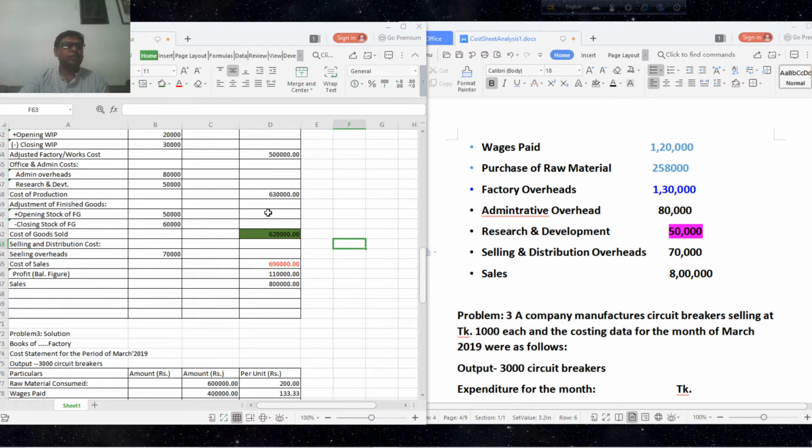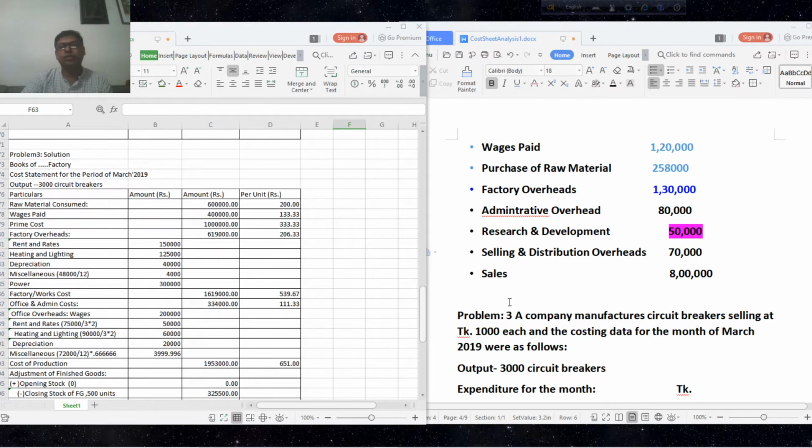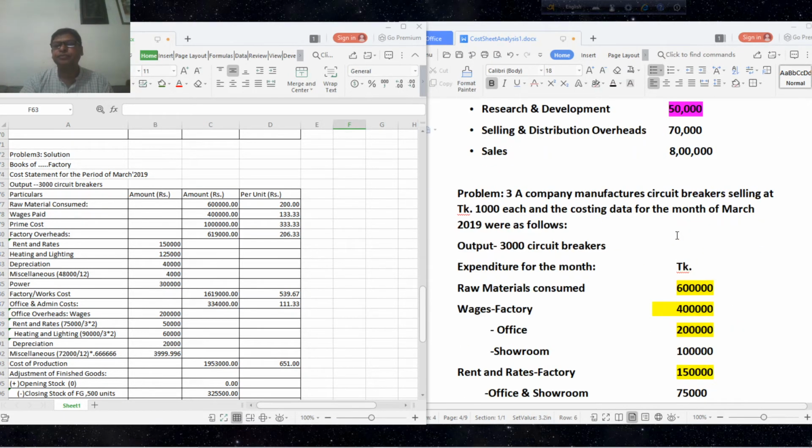And very easily we can find out the profit. The balance sheet figure is profit and the sales figure is given here. So this is the solution of the third problem.